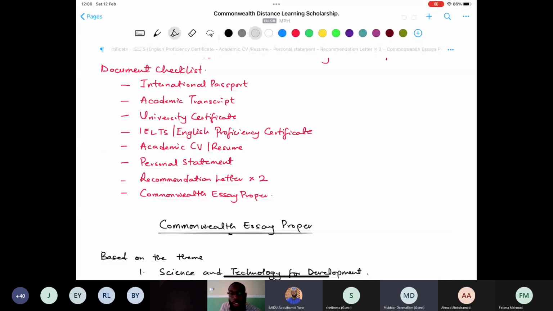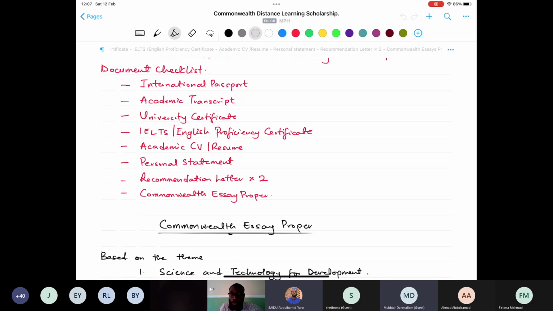First, you need your international passport, because it's a very valid identification document which you have to present to be able to write your IELTS, and to the universities before admission is given to you, because this passport has a unique ID code which can be used to search and get your details from the Nigerian database.